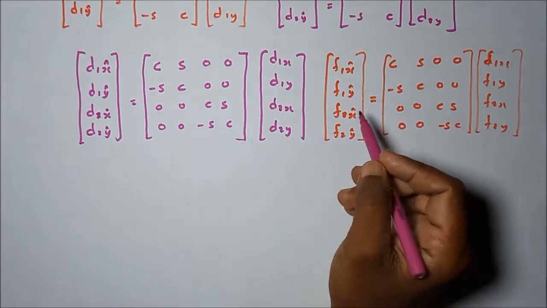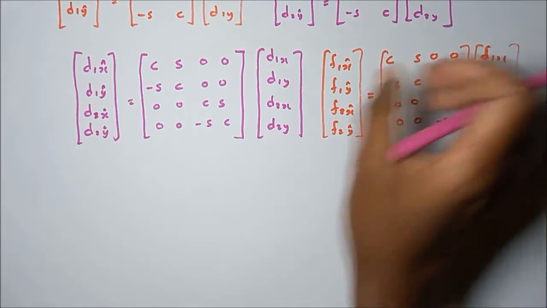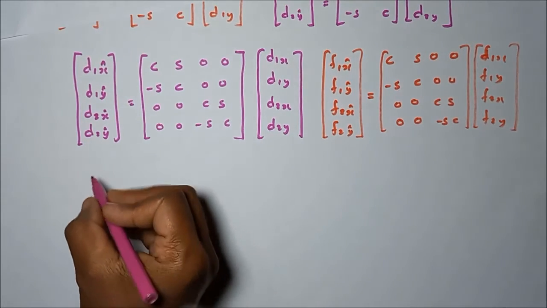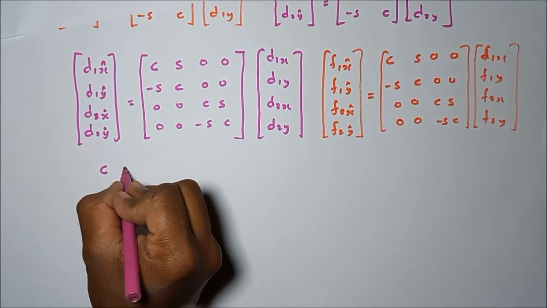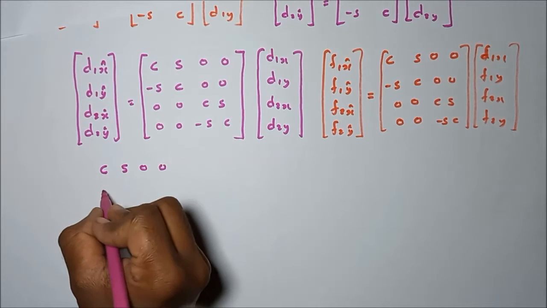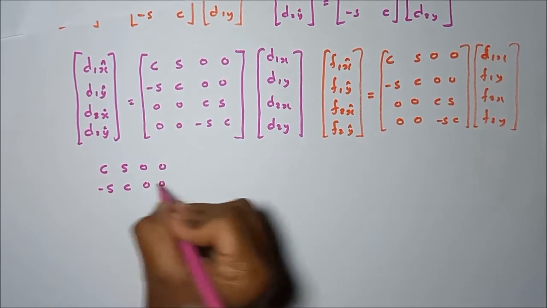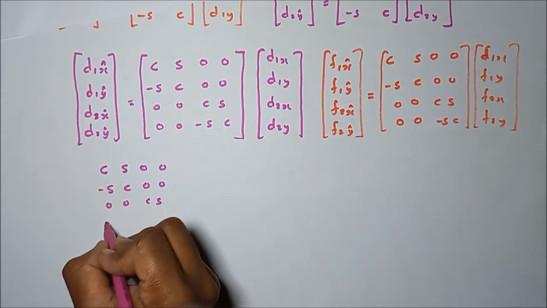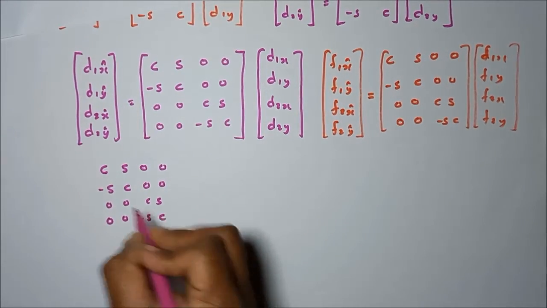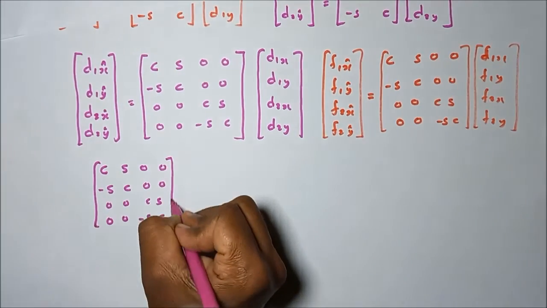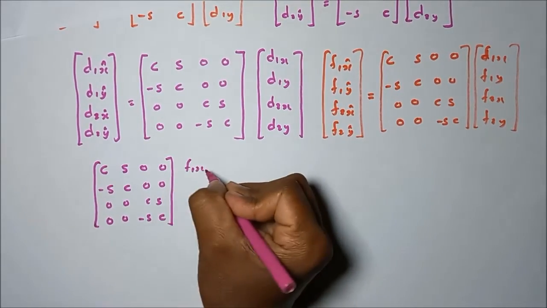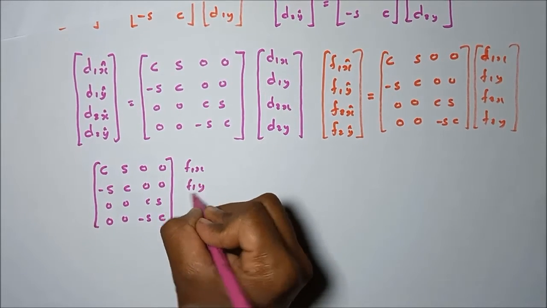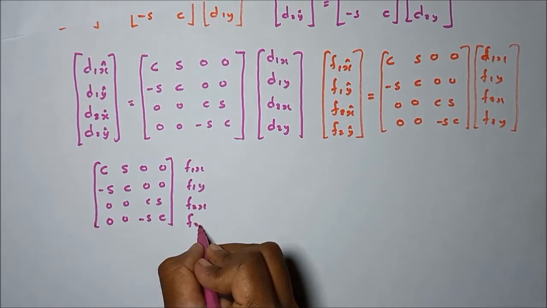Equation A: the matrix CS00, minus SC00, 00CS, 00 minus SC, times f1x, f1y, f2x, f2y.